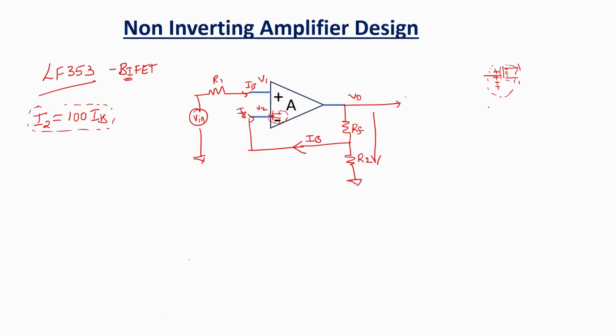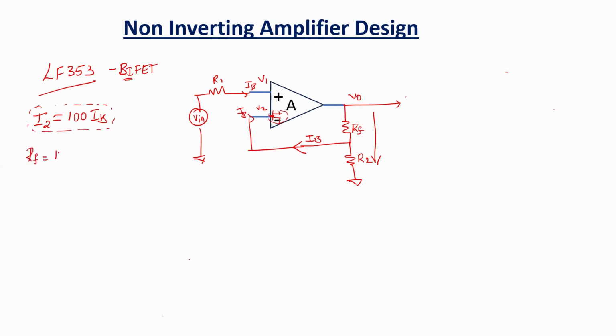Secondly, this causes stray capacitance. If there is a stray capacitance, then it causes oscillations of the op-amp. So by thumb rule, we have to keep a value which is less than 1 meg. Let us keep around 800K to 1 meg, but let us go with 1 meg for simplicity, okay?